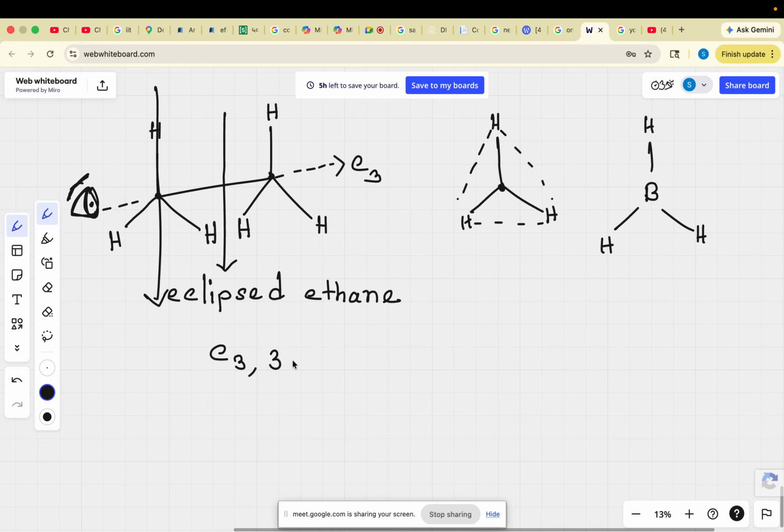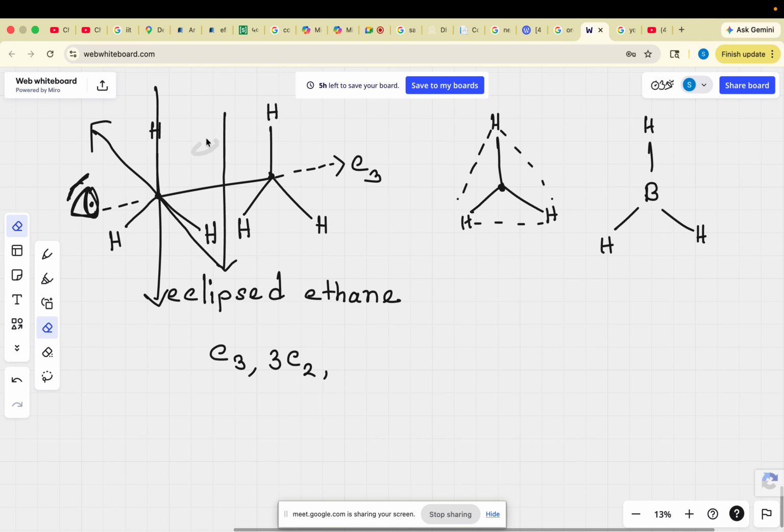So that is your 3 C2 axis. If you get one C2 axis, you will be able to get 3 C2 axis. One C2 axis through this hydrogen atom, one through this hydrogen atom, and the other through this hydrogen atom. So these are the 3 C2 axis you have.